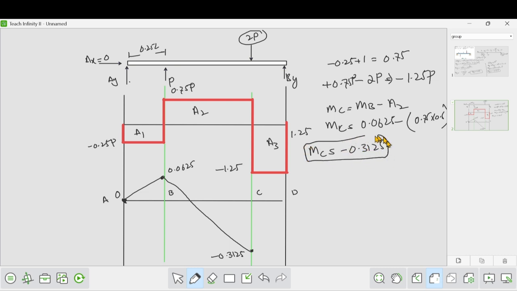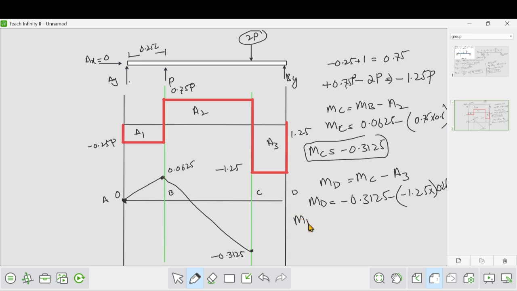Okay, now I want to find moment at point D. Let's say this is D, so moment at point C minus area A3. So moment at point D is equal to moment at point C, negative 0.3125, minus area 1.25 multiplied by this length 0.25.